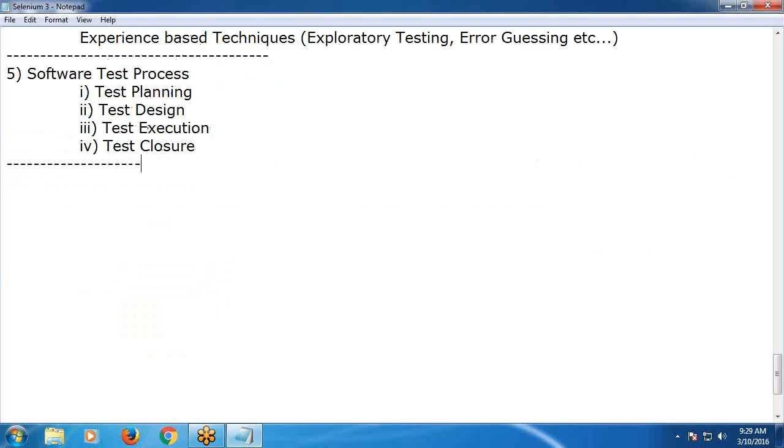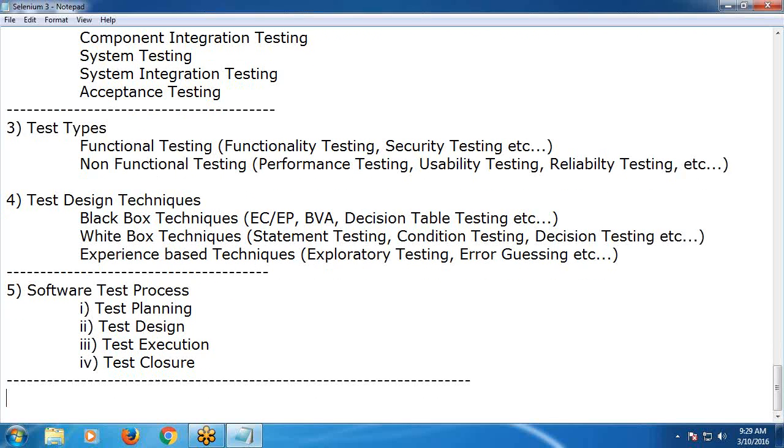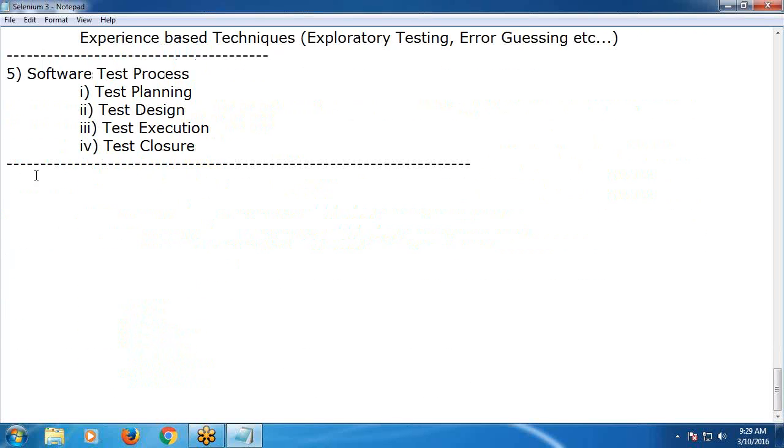Okay, Smita? Last 2 minutes: test documents. List out the documents, Aarti. Some documents we use as input, some documents we produce.